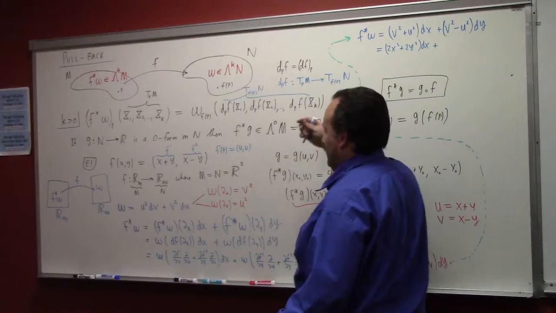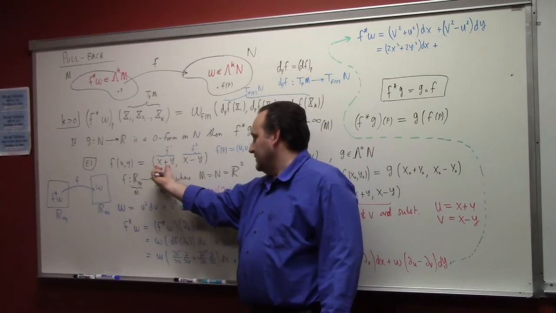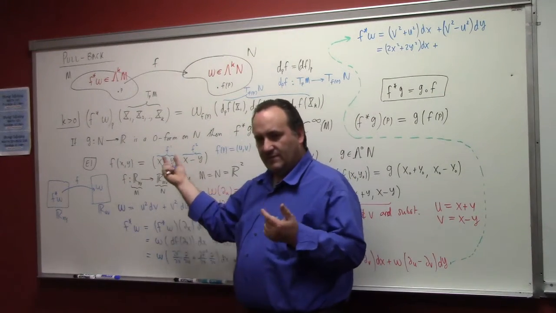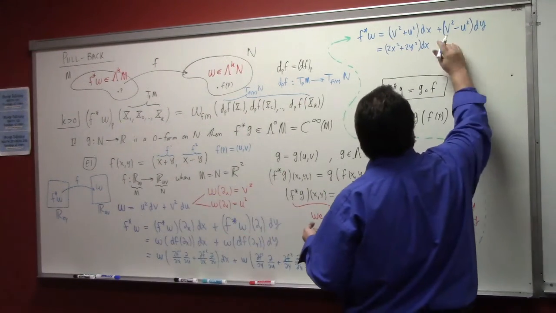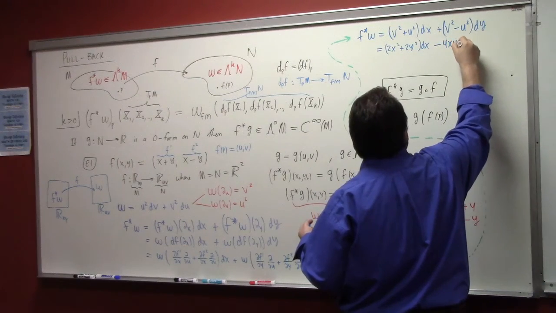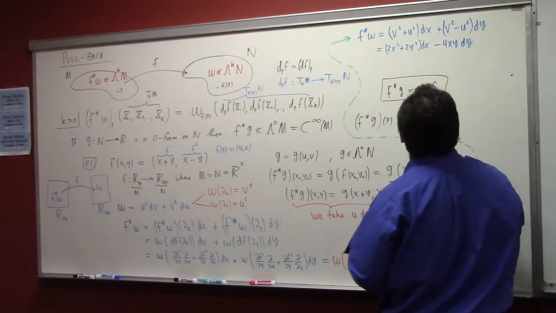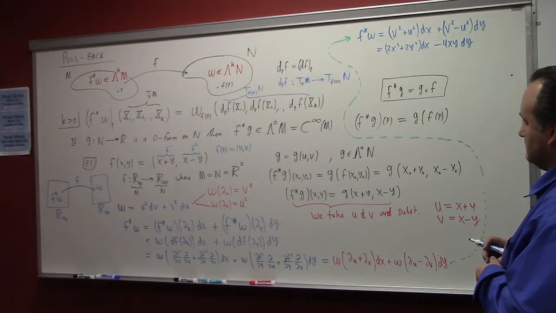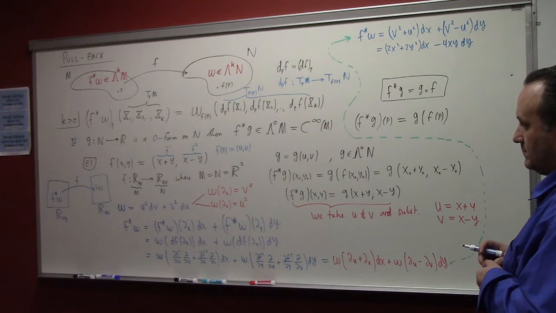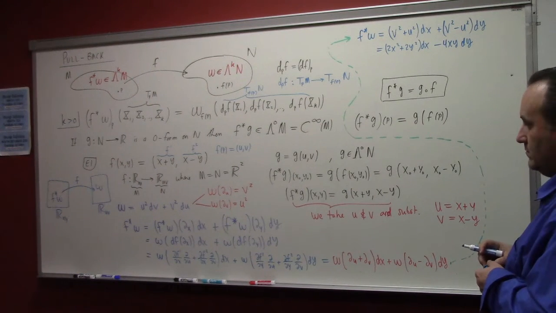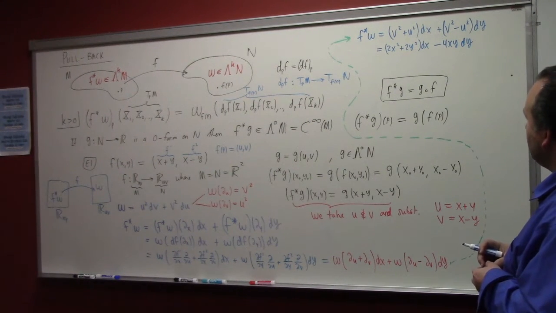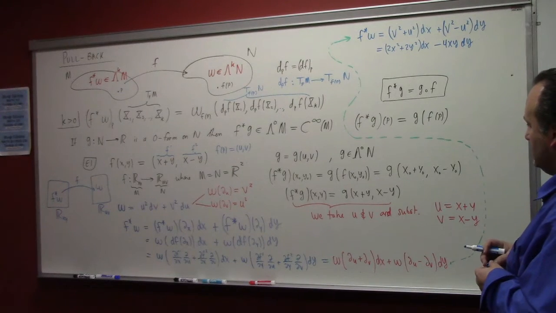So like this squared minus that squared, x squareds cancel, y squareds cancel, and you get minus 4xy, right? Cool? Good. I'm not sure I believe it, but it is what we found.